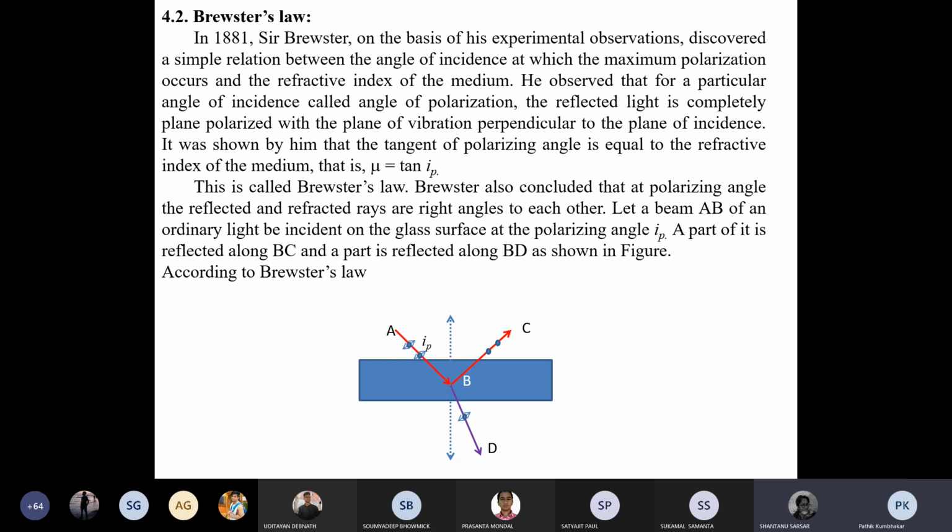That's Brewster's law. So he discovered a simple relation between the angle of incidence at which the maximum polarization occurs and the refractive index of the media.